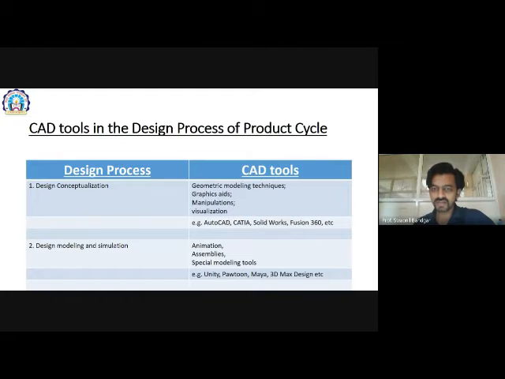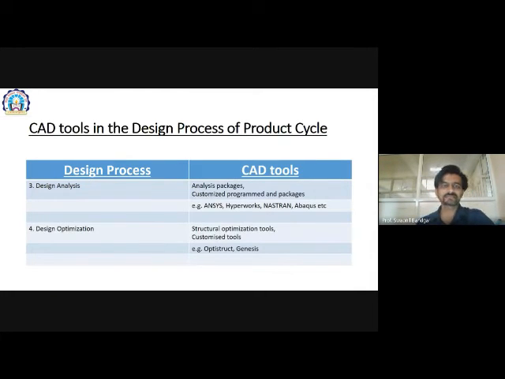AutoCAD, CATIA, SolidWorks, Fusion can all be used for design modeling. For the simulations, we use Unity, Powtoon, Maya, 3D Max Designs. You might have heard of these software, right? You have to write these examples in your exam.